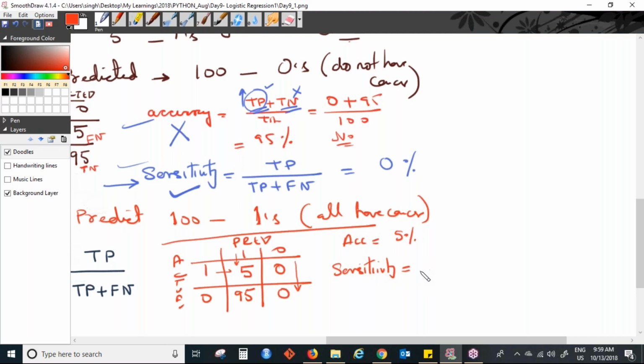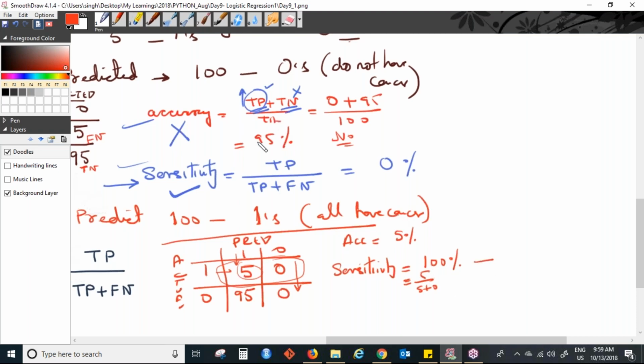What is the sensitivity now? 5 divided by 100. What is the formula for sensitivity, Bharti? It is 100%. 5 divided by 5 plus 0. Not 0%, it is 100%. It is 5 divided by this row total. So 5 by 5, which is 100%.